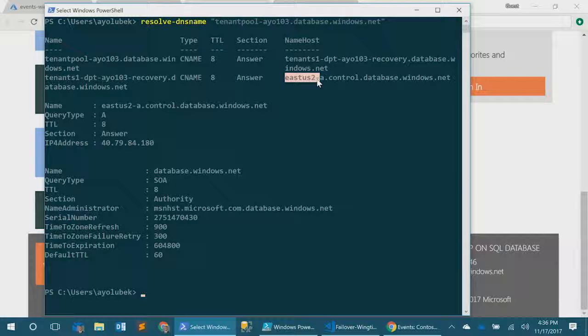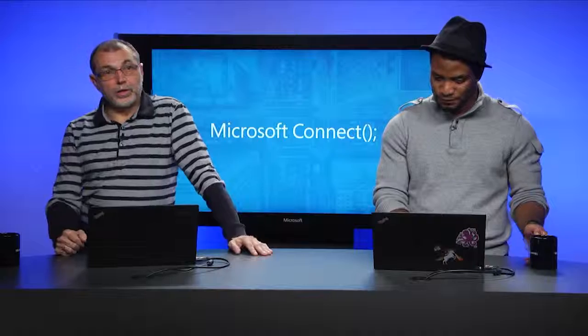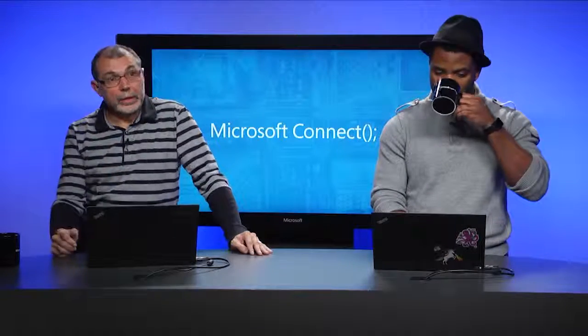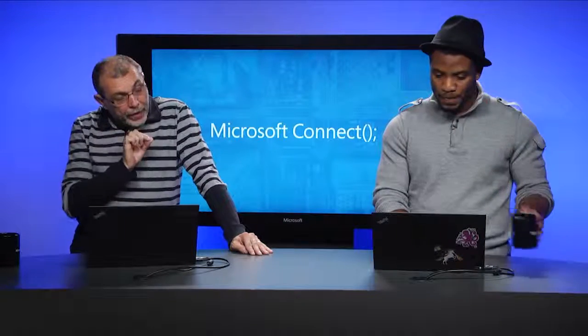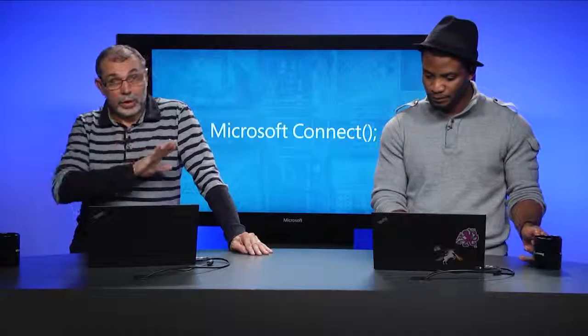Thank you, Ayo. So this is a great illustration of the fact that your browser has not changed. You don't have to do anything other than retry. And after a certain amount of time, when DNS propagates, the typical TTL configuration is 5 minutes. In 5 minutes, your application is back up and running.